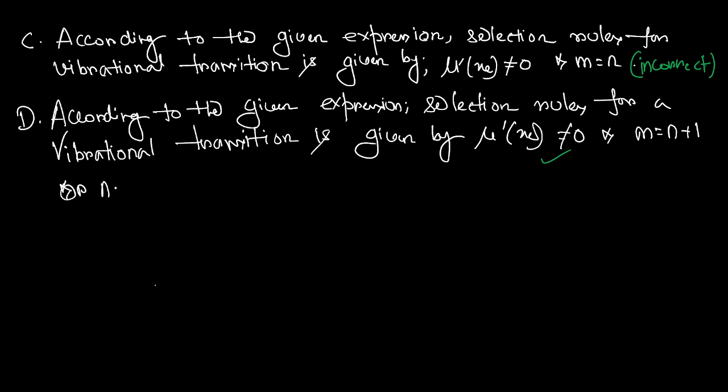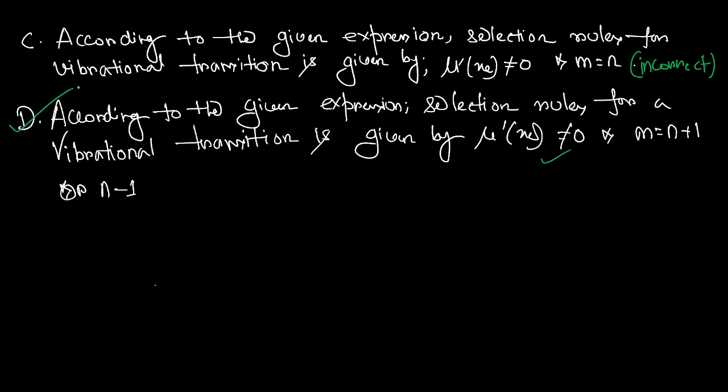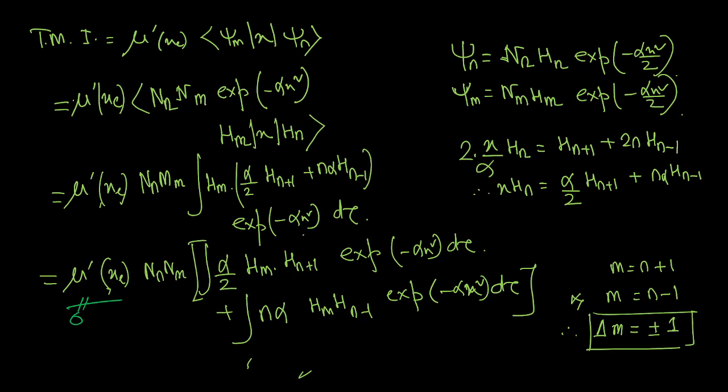So this is the correct option, as we see in the derivation. So for the selection rule, mu xe must not be 0 and delta n is plus or minus 1, or delta m plus or minus 1, whatever. You can write delta n only.